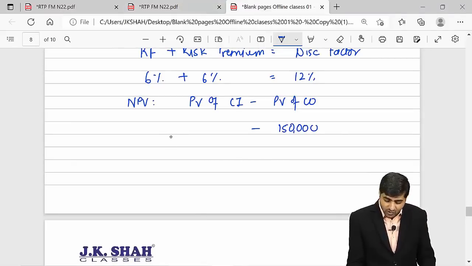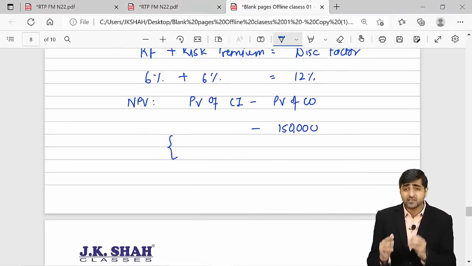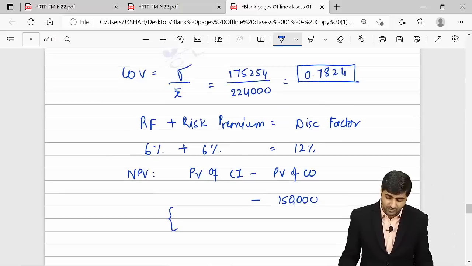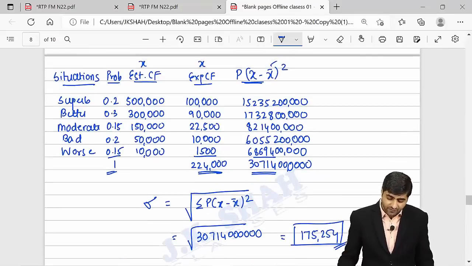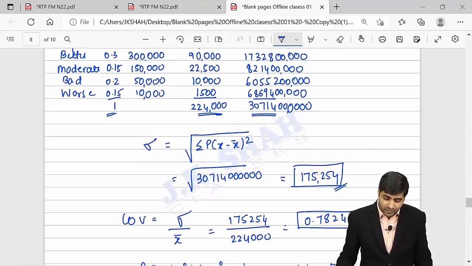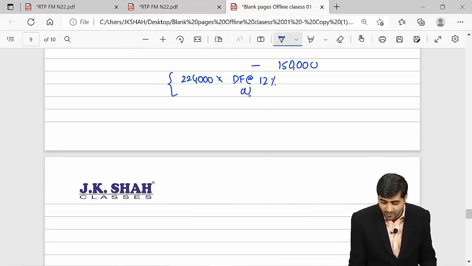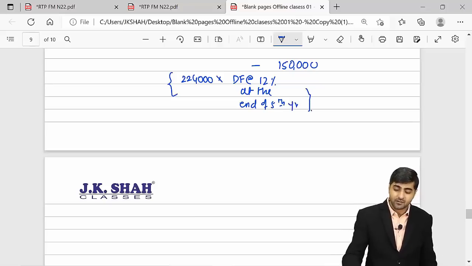And what's your PV of CI? Whatever your cash inflows are, we have to discount them and bring them to present value terms. We have cash inflows of 2,24,000, so I'll multiply that by the discounting factor at 12% at the end of the 5th year.